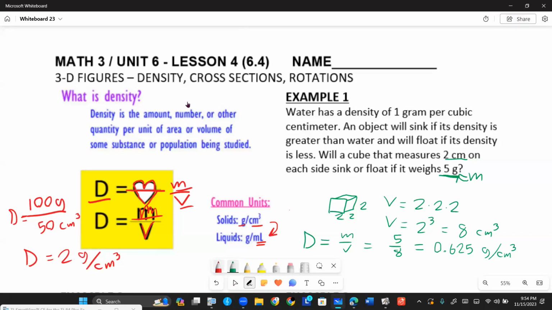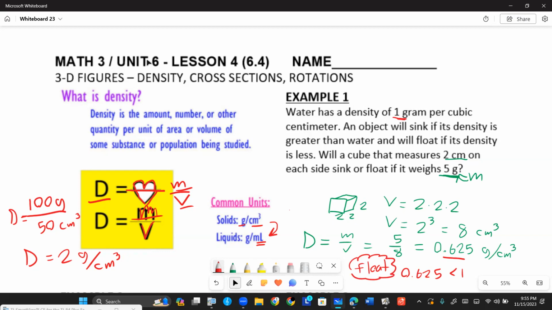Now the question says this is going to sink or float. And since this number is less than 1, the density of water is 1. Since 0.625 is less than 1, then this thing is going to float. If it were greater than 1, it would sink.